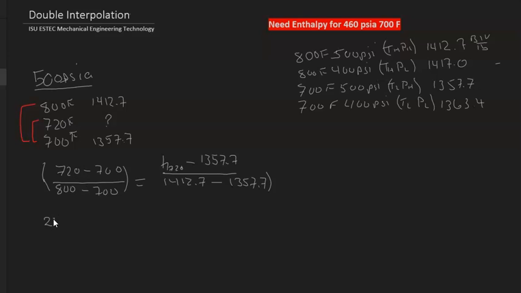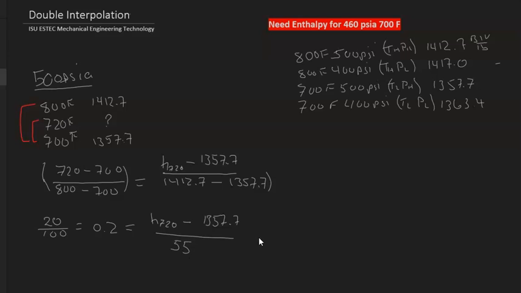And so when we look at these numbers, we're going to take the 720, that's going to give us a 20 divided by 100, or 0.2, and then we'll want to make that equal to our H difference, 1412.7 minus 1357.7, which gives us 55.